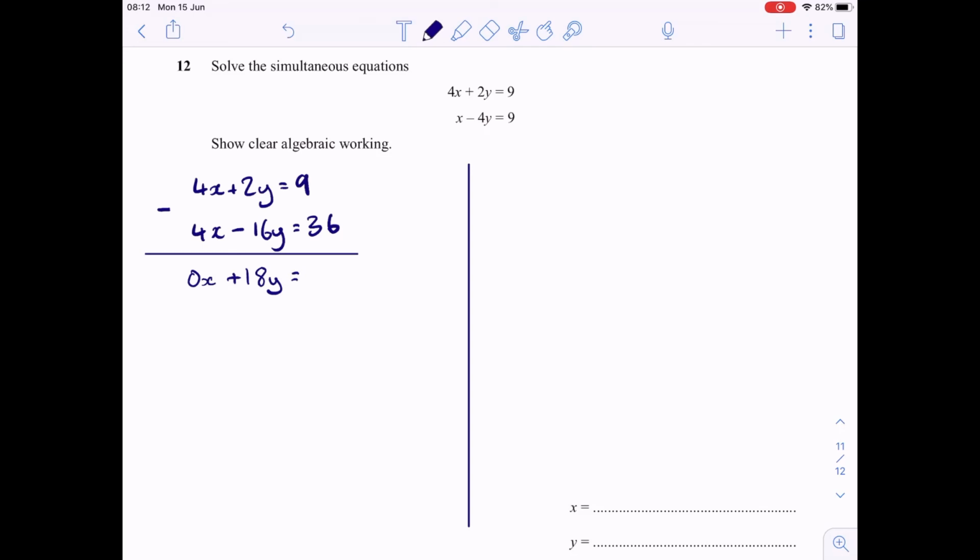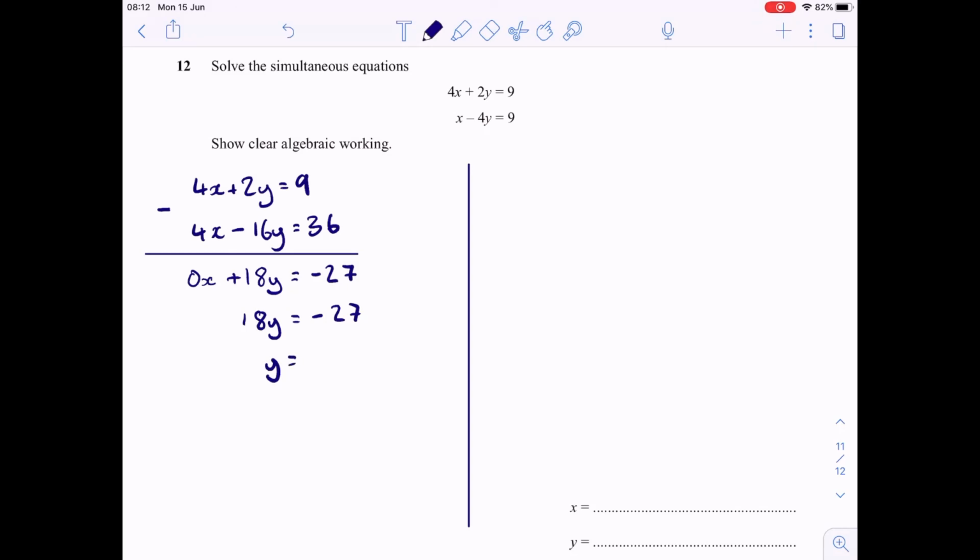One of the most common mistakes in this question will be people taking away 16y and being left with something like minus 14y. And then 9 minus 36 is going to be minus 27. Okay, minus 27. So I've got 18y equals minus 27.